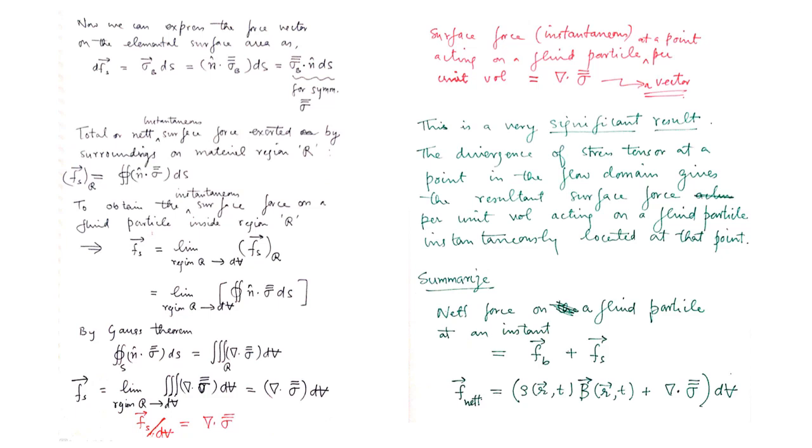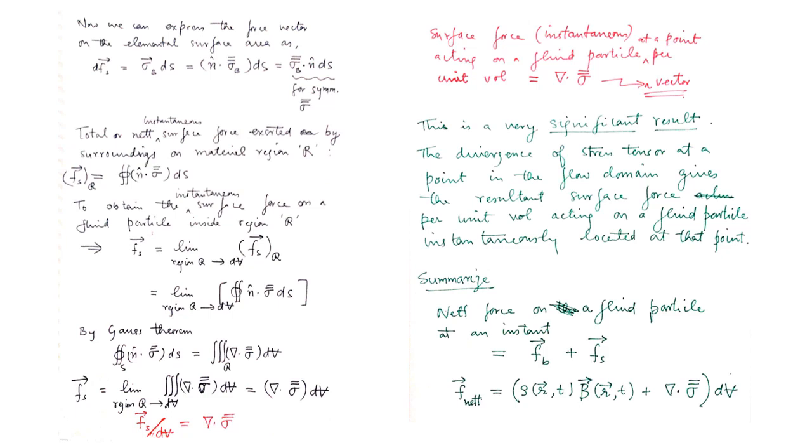B vector is the force intensity per unit mass, so it will be multiplied by density, and the volume term I have taken outside because it is present in both the forces. So rho times the B vector plus the divergence of the stress tensor. It comes out as a very neat and elegant expression.